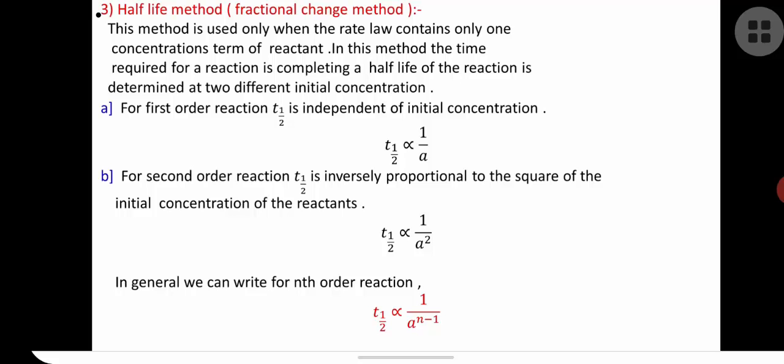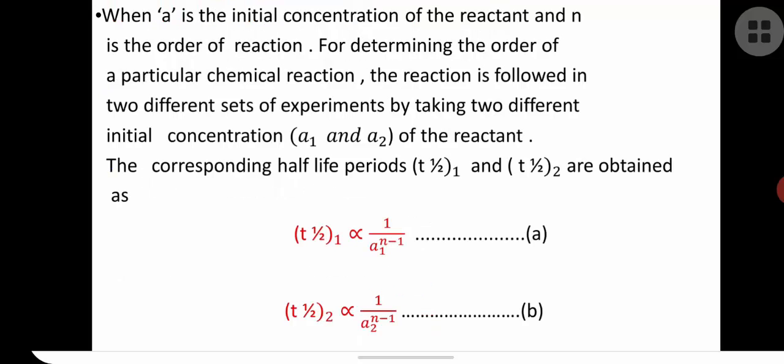In general, we can write for nth order reaction, t half is directly proportional to 1/a^(n-1), where a is the initial concentration of the reactant and n is the order of reaction.